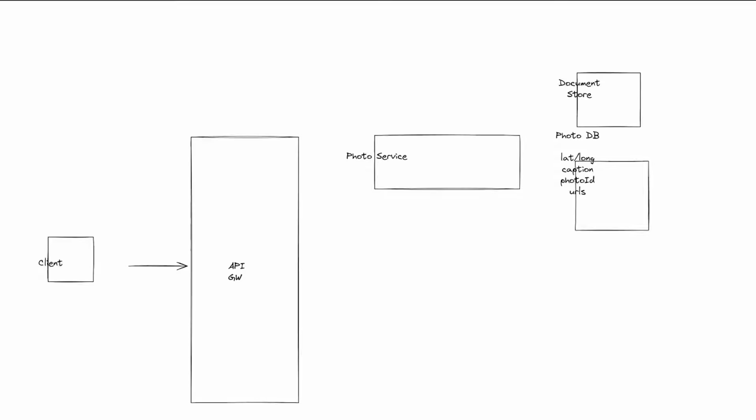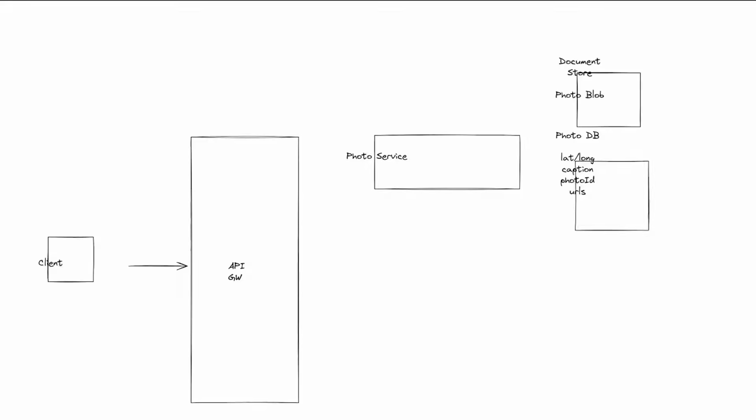Maybe just to make it more clear, call out that the document store holds the photo blob, and the metadata is stored in the relational DB. Yeah. Okay. Thanks for calling that out. It gets a little confusing talking about a photo, since it's spread out conceptually between two different stores.